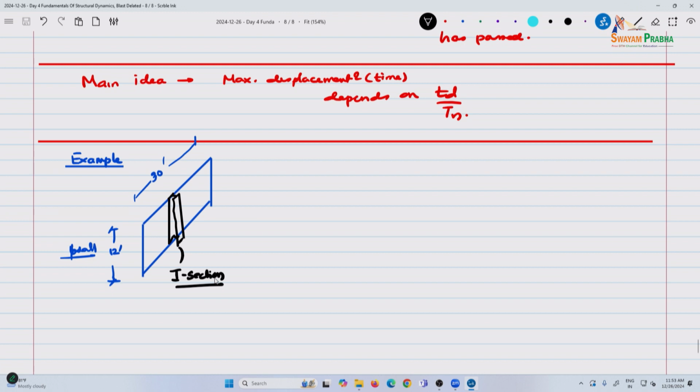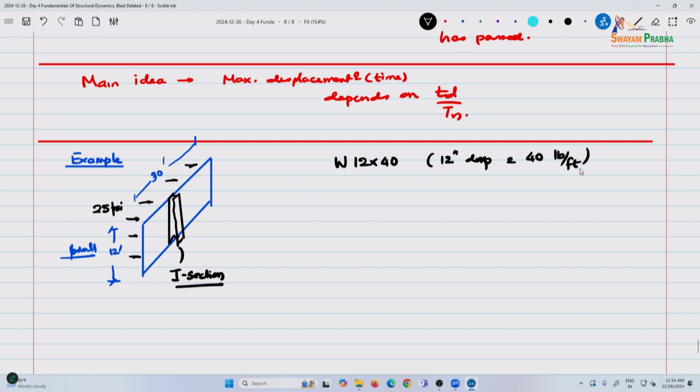And this is, so the wall is subjected to a uniform pressure of 25 psi. So this is a W12 by 40. What it means is the nominal dimension is 12-inch deep and weighs 40 pounds per foot.